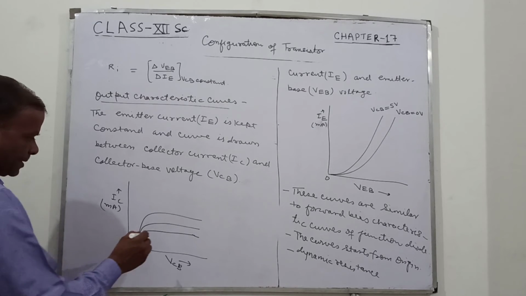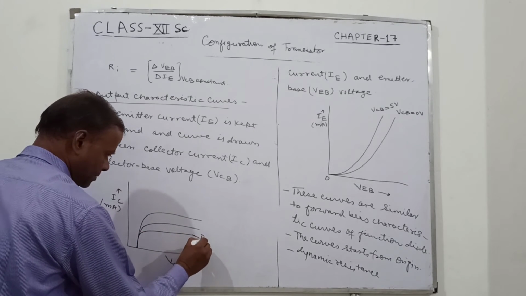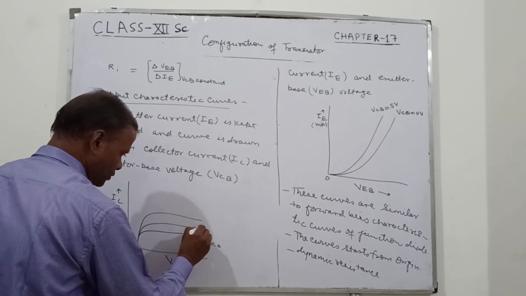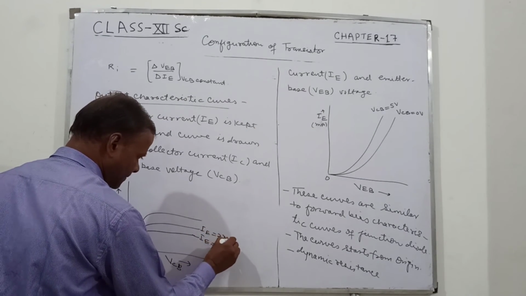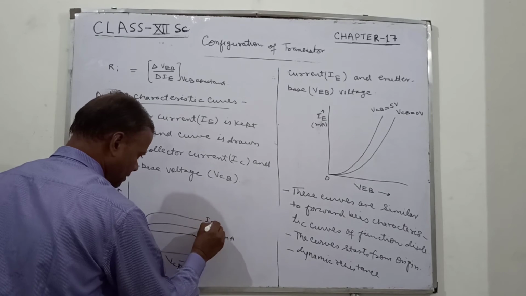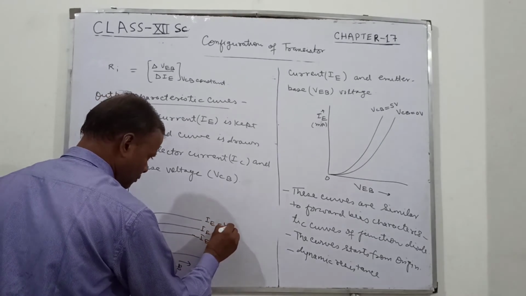Here IE can be a very small value. Suppose IE equal to 0, IE equal to 2 milliampere, IE equal to 4 milliampere.